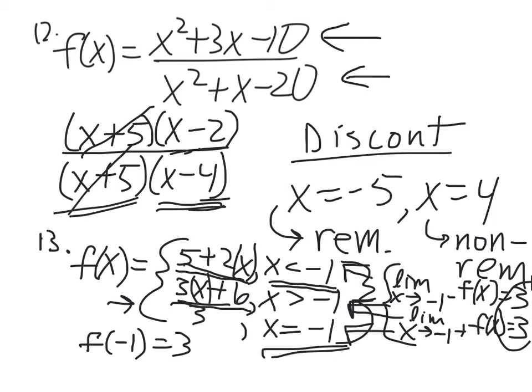Now, of course, maybe the limit would be different from either side, or maybe the limit exists, but it's not the same as our function value. So there would be discontinuity at that point as well. So, a couple of different types of discontinuity problems.